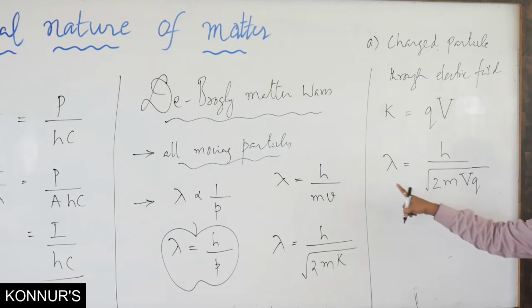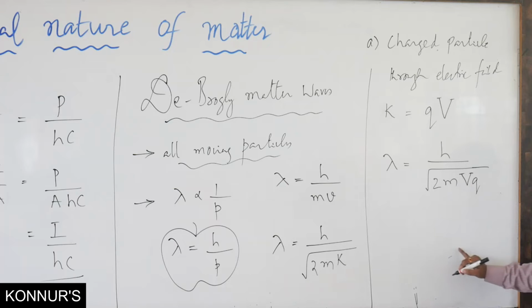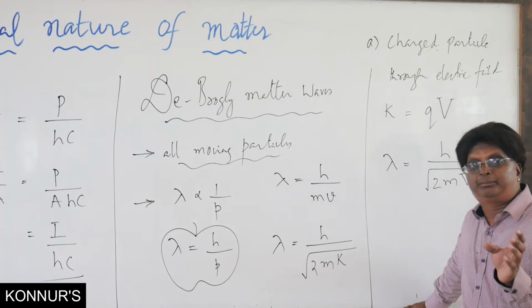Lambda depends on the mass of the charged particle, with an inverse relation with a square root; on the potential difference through which it is accelerated, inversely proportional with a square root; and on the charge, an inverse relation with a square root. This is how you take these values. Now for short answers in CET or NEET examinations, I am taking the most popular particles.